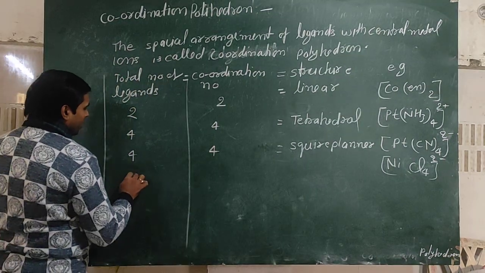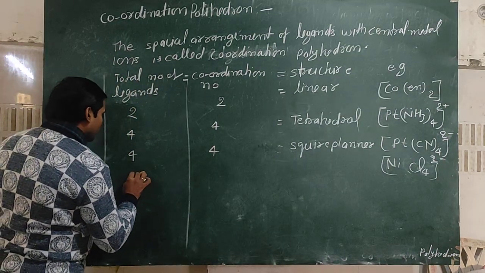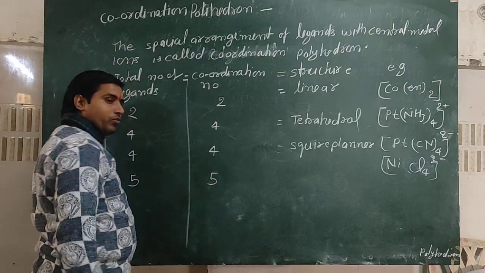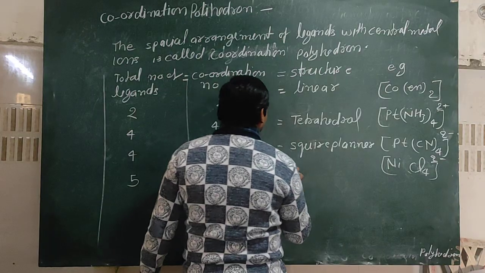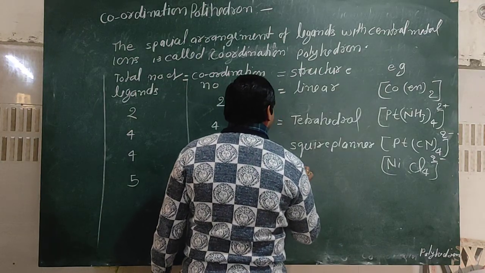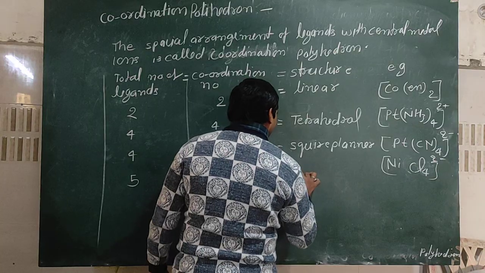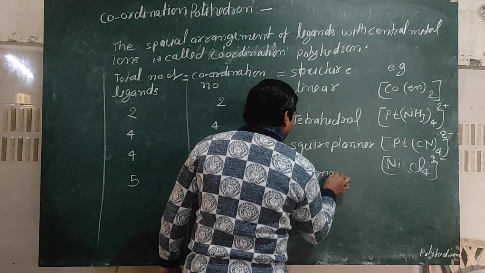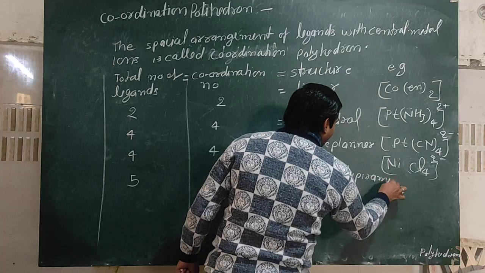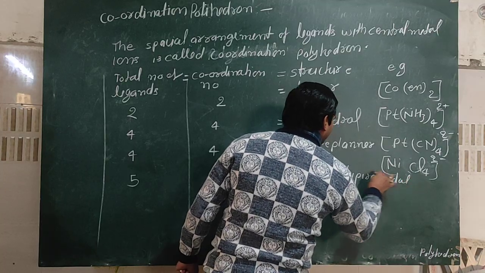If number of ligands is equal to 5, then coordination number is also equal to 5. In this situation, the complexes may be trigonal bipyramidal.